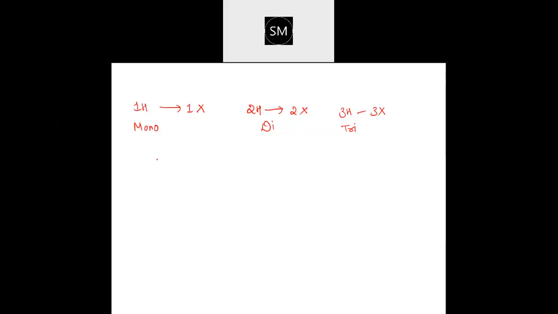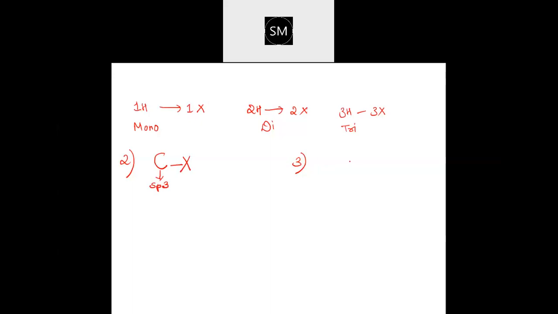Then we had classification based on the hybridization of the carbon to which the halogen is attached. In the second classification, the halogen was attached to a carbon that was sp3 hybridized.